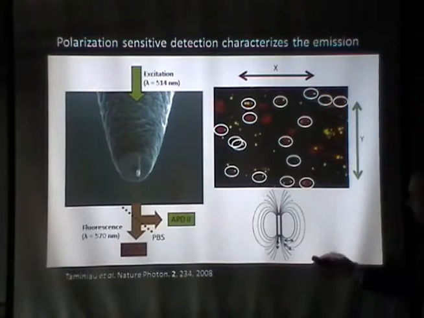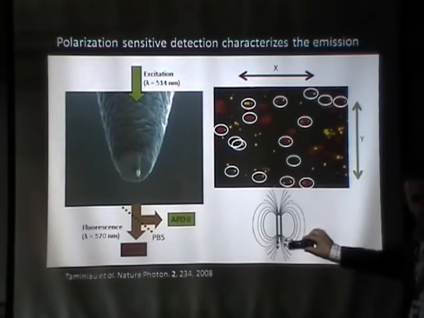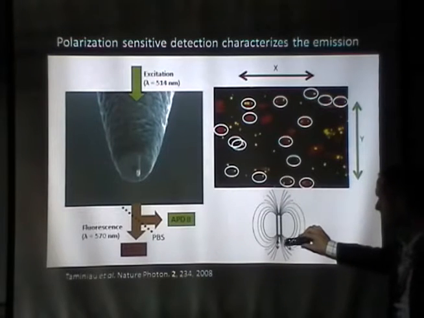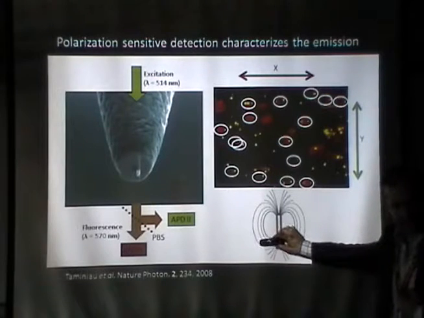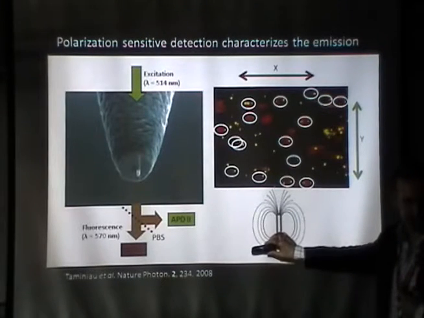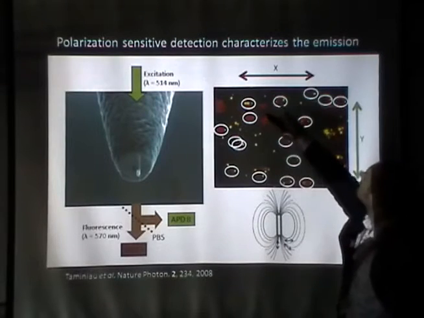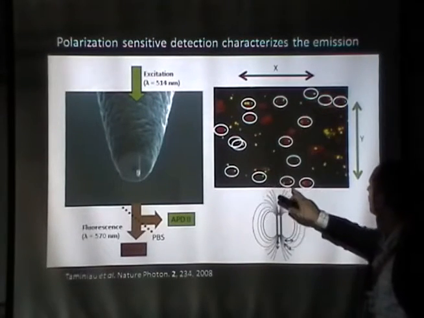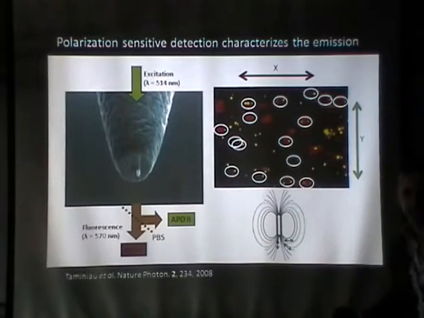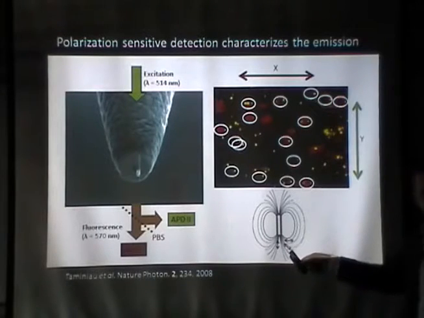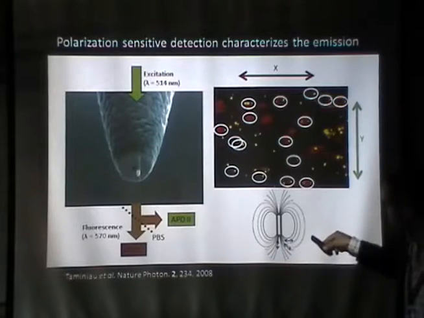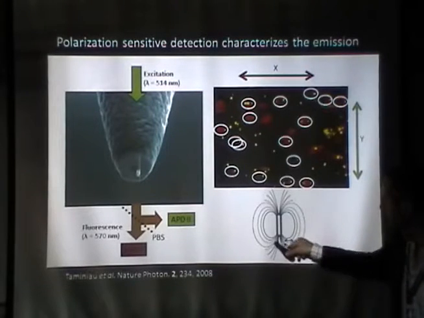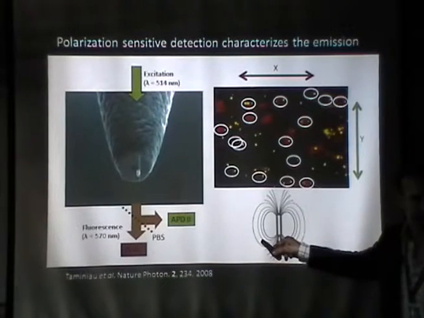Now let's think of a molecule that is like this. This molecule will give you a yellow signal coupled to the antenna here, and also will be excited by the aperture. So this would be, for example, this case, or this case, right? Now if you have a molecule with intermediate orientation, it will couple only on one side of the antenna. So a molecule like this will couple to the antenna only here, and not here because it's perpendicular to the field lines.